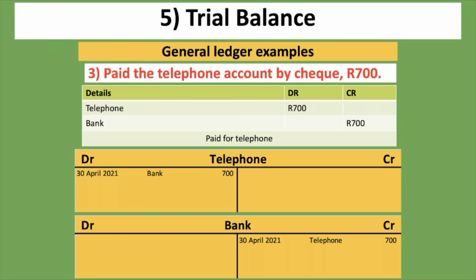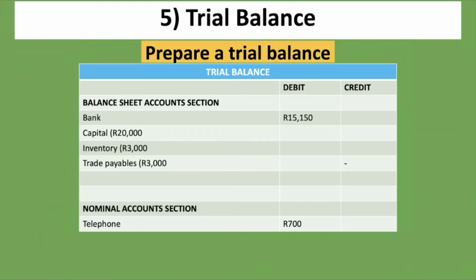So we have to put the telephone account under the nominal account section, and it's 700 rand. Why did I put it into our column? Because I know we don't have any other transaction where telephone is involved, as we saw in our previous examples as well. This is the only transaction with telephone. And remember, we put it on the debit side because telephone is an expense.